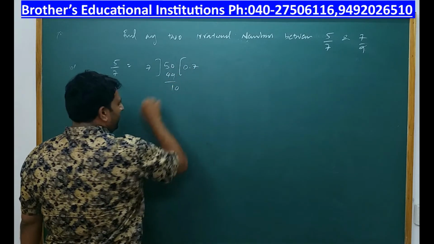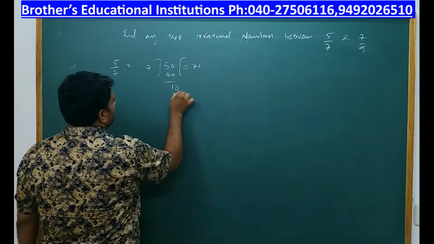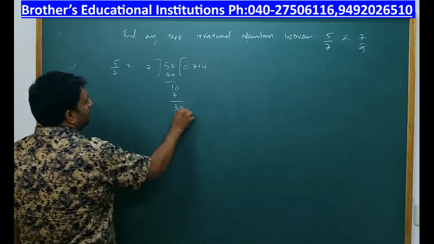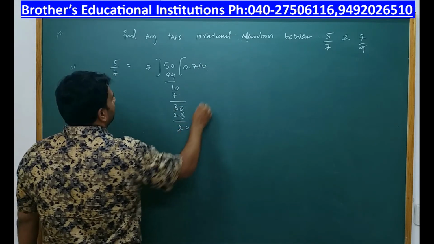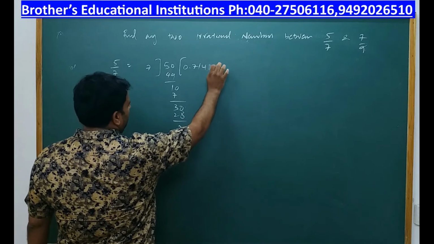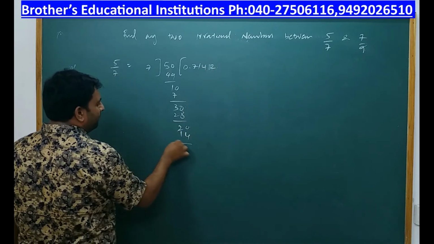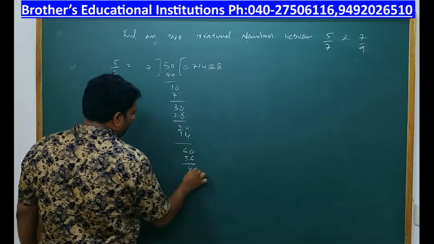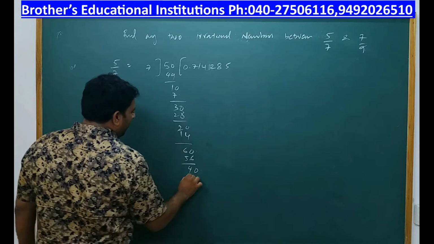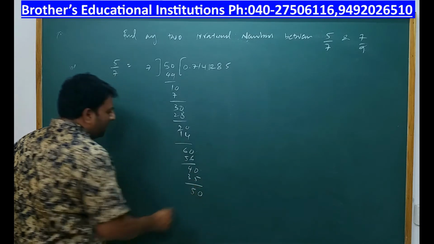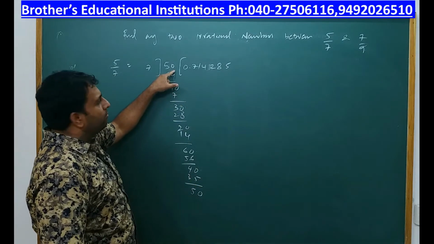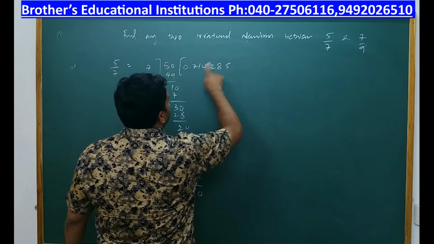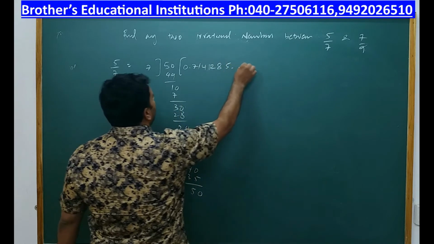You already have a point, so you can take 0. 7 ones are 7, followed by 3, 0. 7 fours are 28, 2, 0. 7 twos are 14, 6, 0. 7 eights are 56, 4, 0. 7 fives are 35, 5, 0. Again 5 and 0 means you are back here, and after that it is going to iterate. Again I am going to get 714285, 714285 on and on.